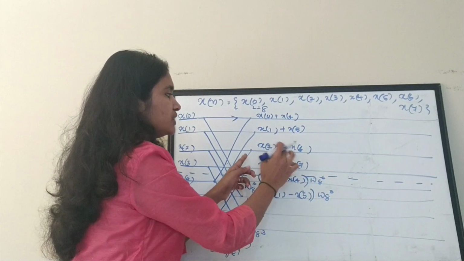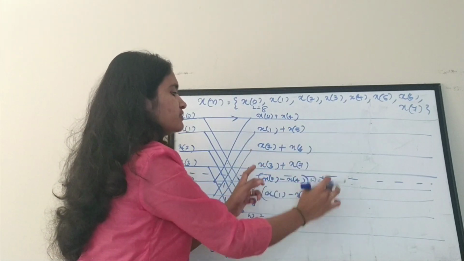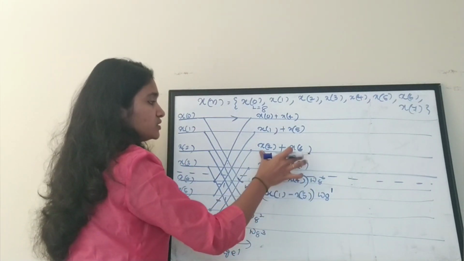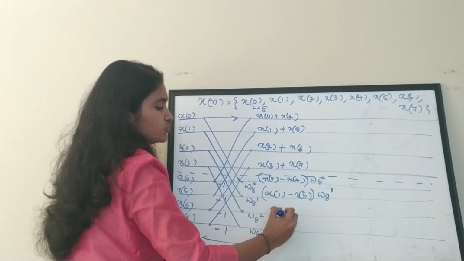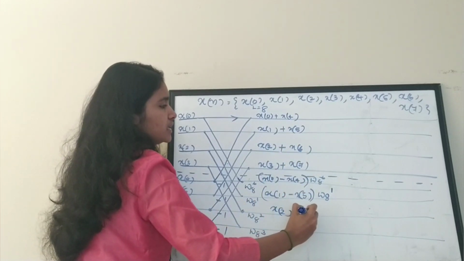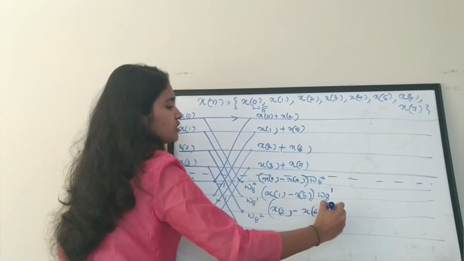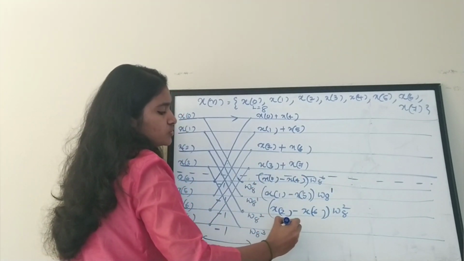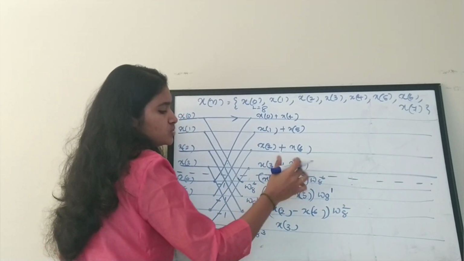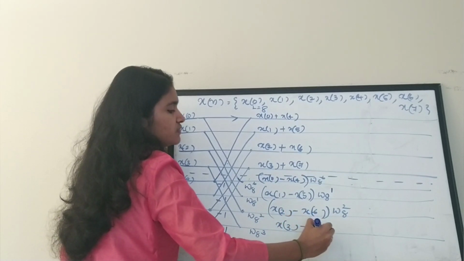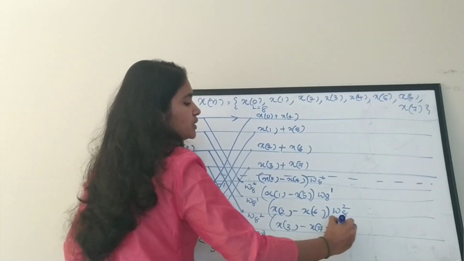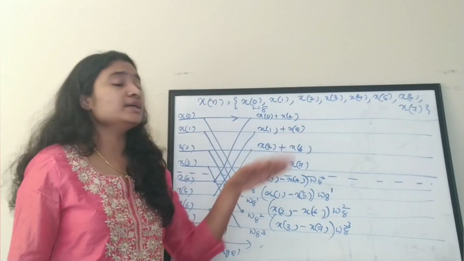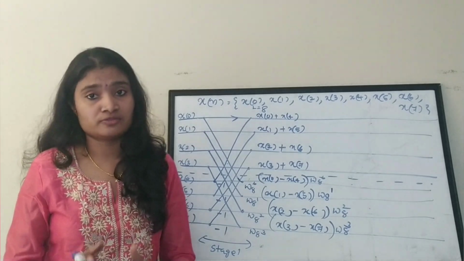It will be nothing but a negative and multiplied with a twiddle factor. So here it is W8 raised to 1, right? So for the third one, it will be x of 2 minus x of 6 into W8 raised to 2. The next one is x of 3 minus x of 7 into W8 raised to 3. So this is the stage 1 for your length equal to 8 input butterflies.